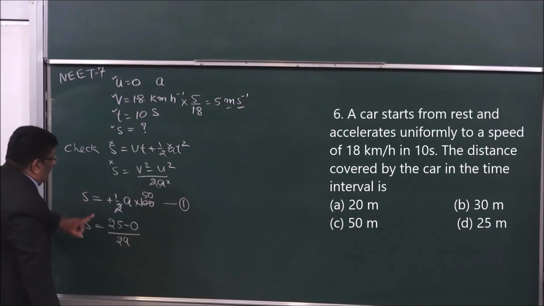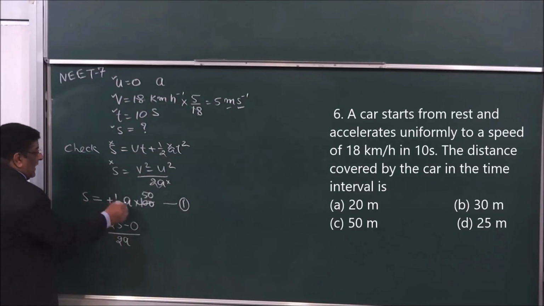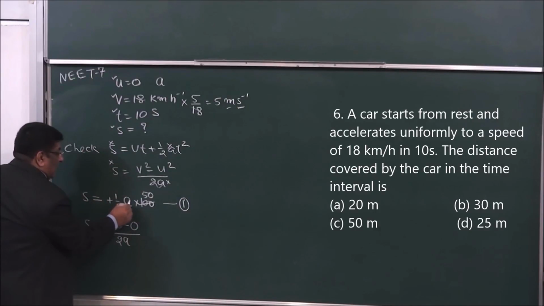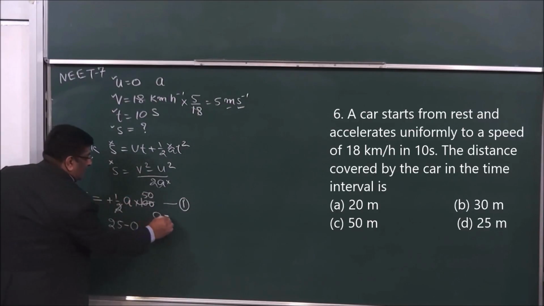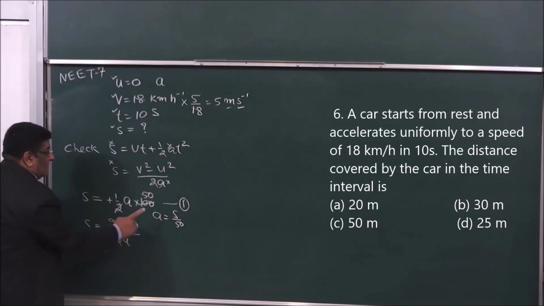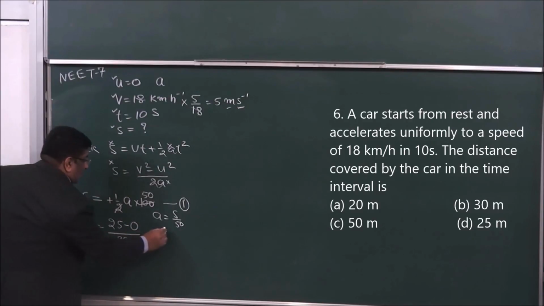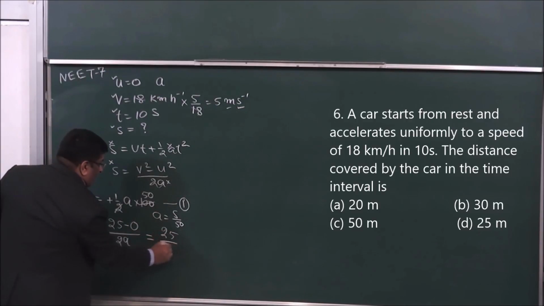Find the value of A from any one. Like from here, A is equal to S upon 50. Put that value here so that we will eliminate A. So this S is equal to 25 upon 2 multiplied by A. In place of A we will write S upon 50.